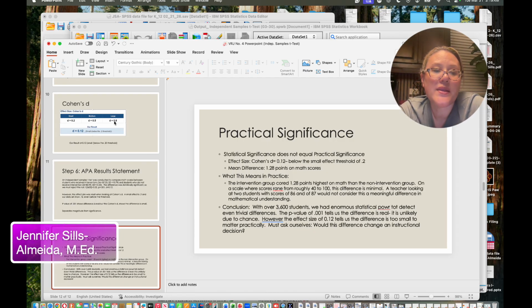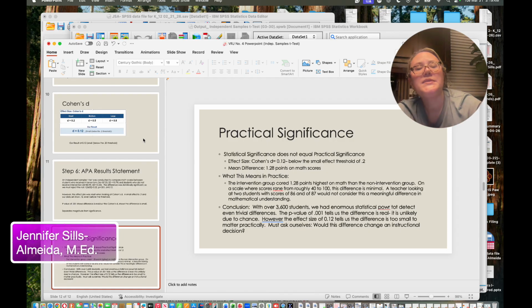This is why Cohen's d is good to look at. Yes, we decided on the p-value that there was a significant difference, but we have to know what that mean difference is. It was 1.28, which isn't much. On a scale of 40 to 100, a student that has an 86 and a student that has an 87, that's not a huge and meaningful difference.